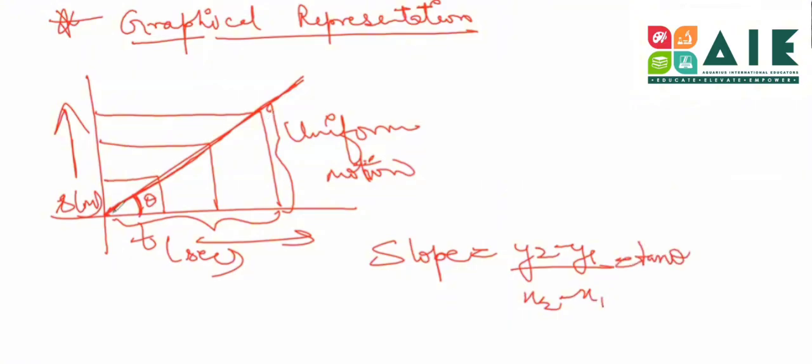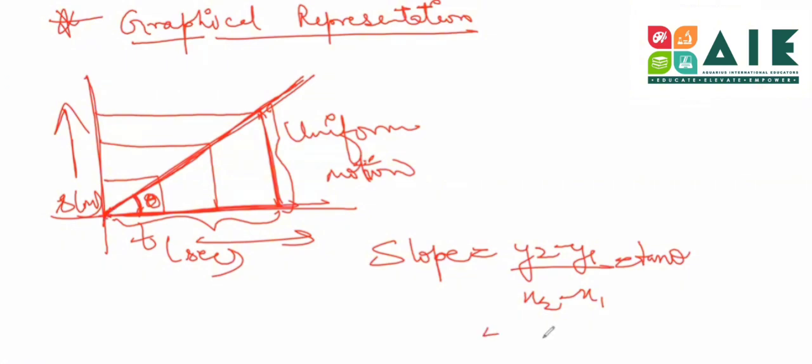What is tan theta? Perpendicular over base. If I do perpendicular over base, I will get this angle theta. If I take out angle theta, I will be aware how much slope it is producing from 0 to 90 degrees.